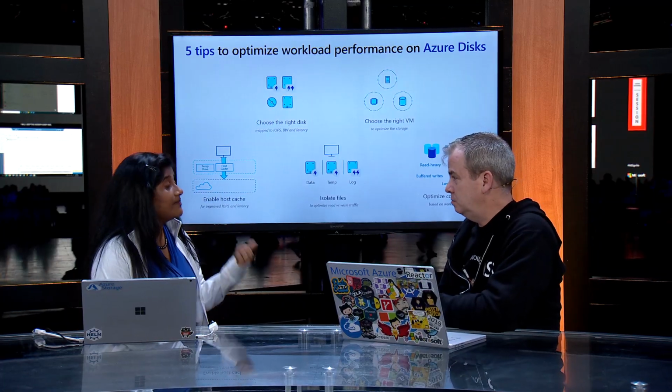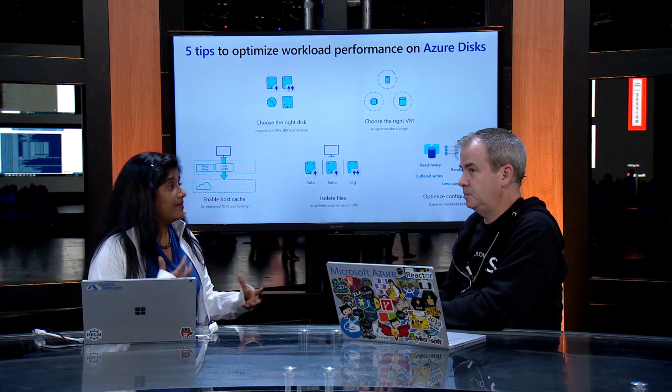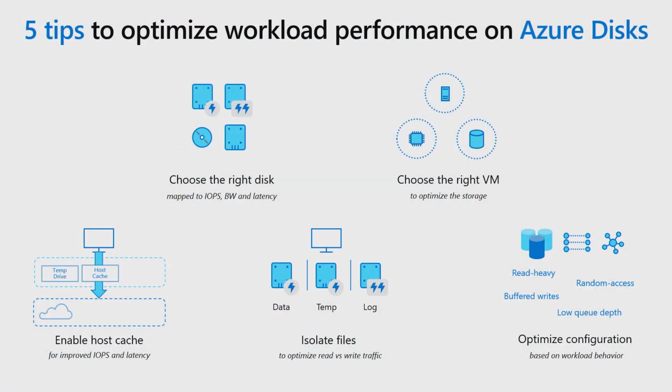Tip number 2, and many people don't know this, is that the VM size or the VM type also has a very big impact on how best the disk actually behaves. Every virtual machine has a bandwidth and an IOPS limit that is defined at the virtual machine level.